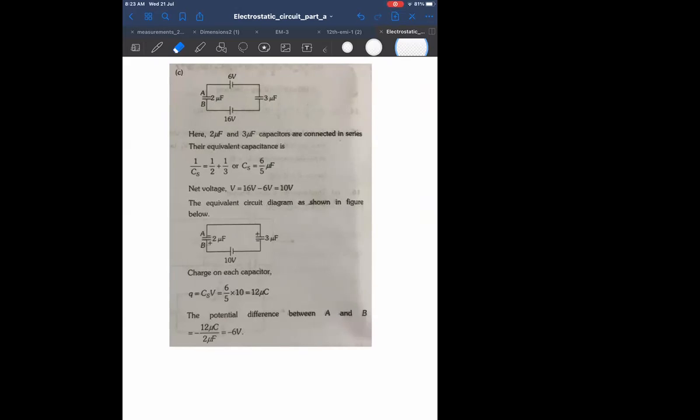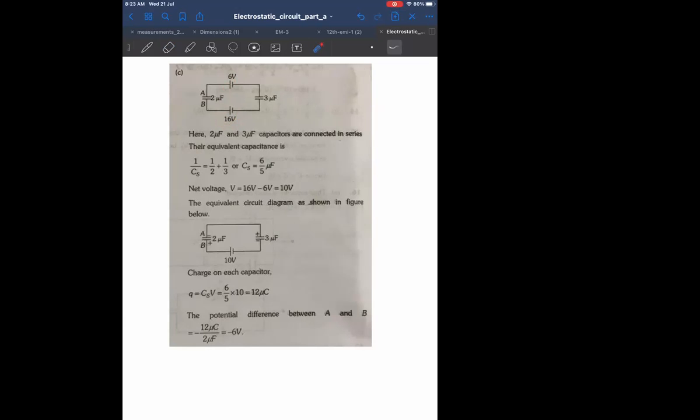If you're getting the answer, let me know so that we can go to the next one. So first, if in the question they've asked us from B to A, then it will be positive. Correct. Or if they put this 16 on top and 6 below also, then it would be positive. Okay, sir.